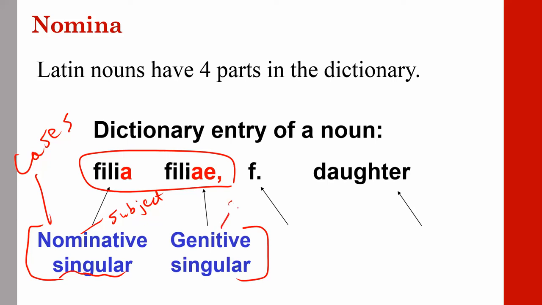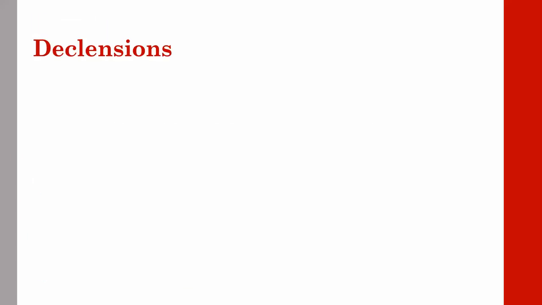But the genitive is the second part, and actually what it shows is ownership. So it shows when we use that part when the daughter owns something. For example, the daughter's, apostrophe S, dog. And there's one of her, then we use filii. Of course, that letter we now know is gender, and the last part is meaning.